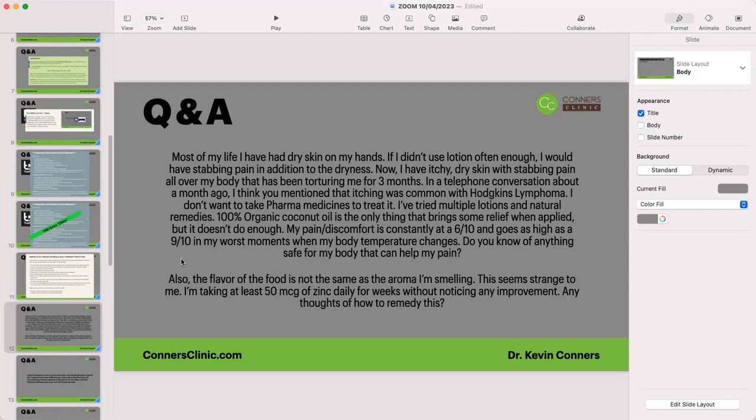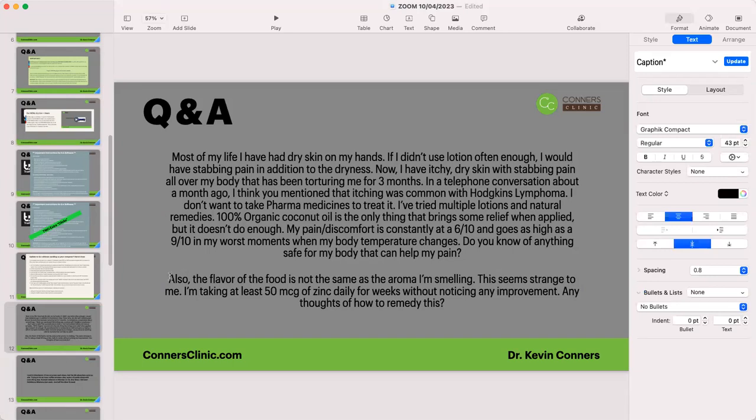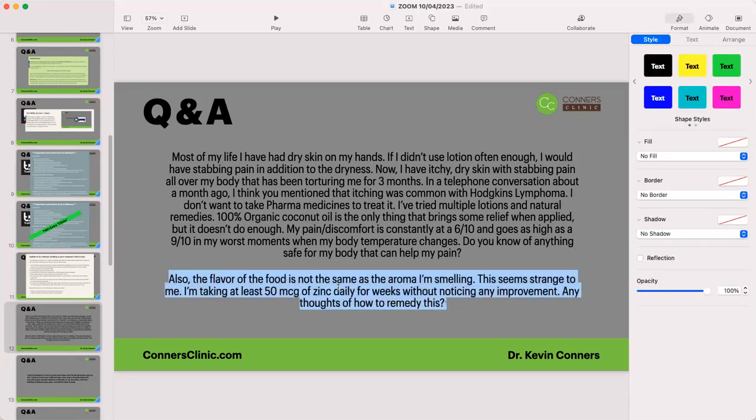Well, there's a couple possibilities going on with this flavor in the food thing, and I have to do a little more investigation to answer that question.